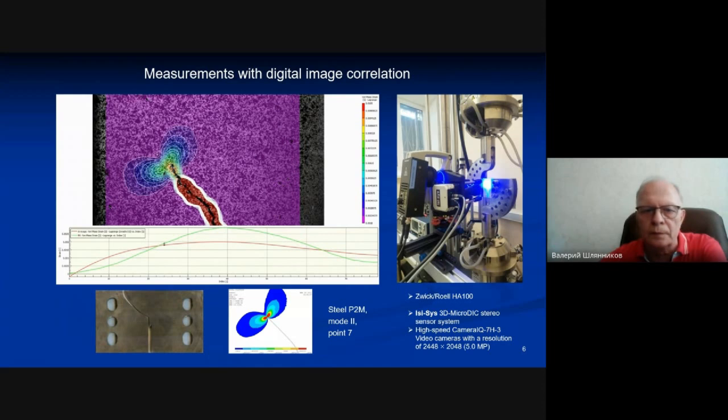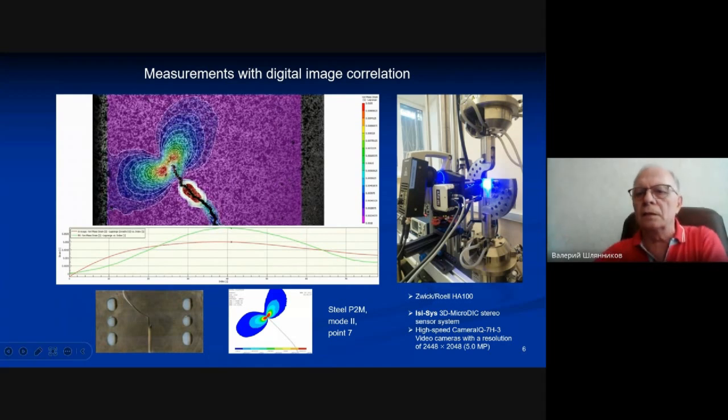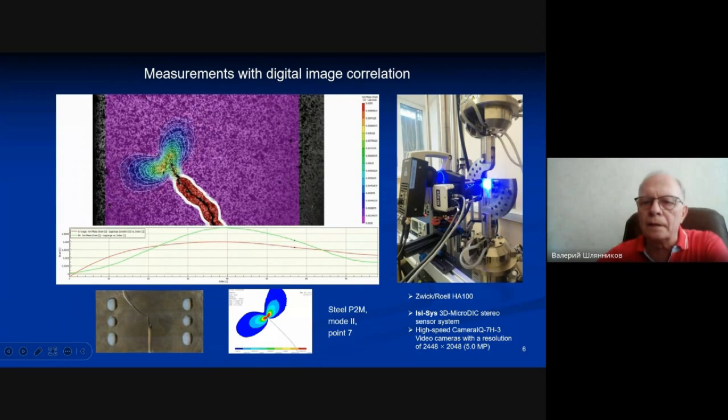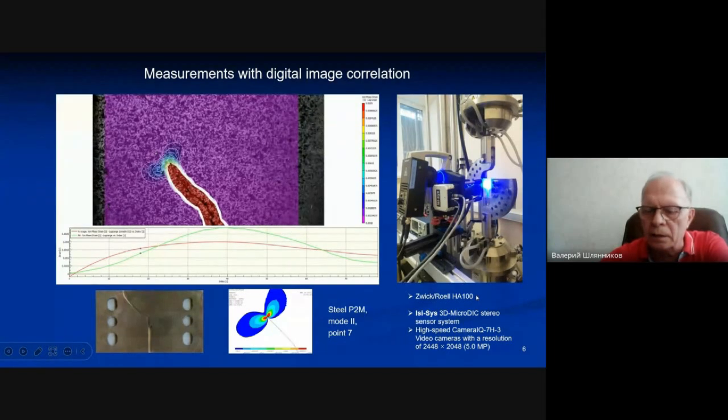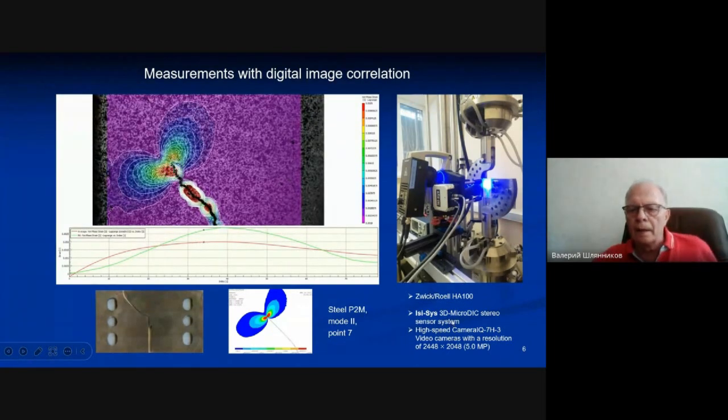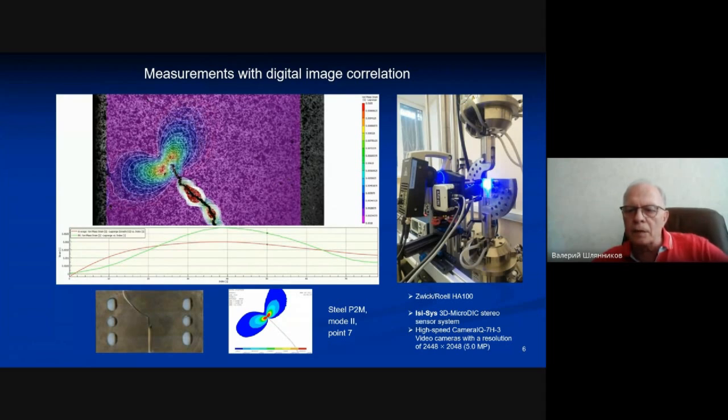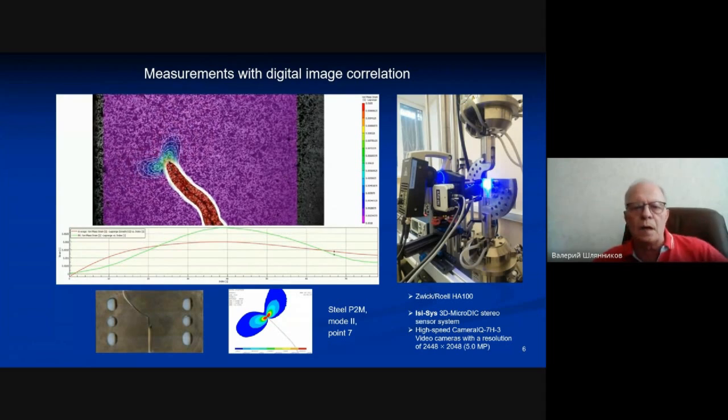In this figure, you can see our test setup, which includes a servo-hydraulic test machine and a micro stereo sensor system with high resolution.